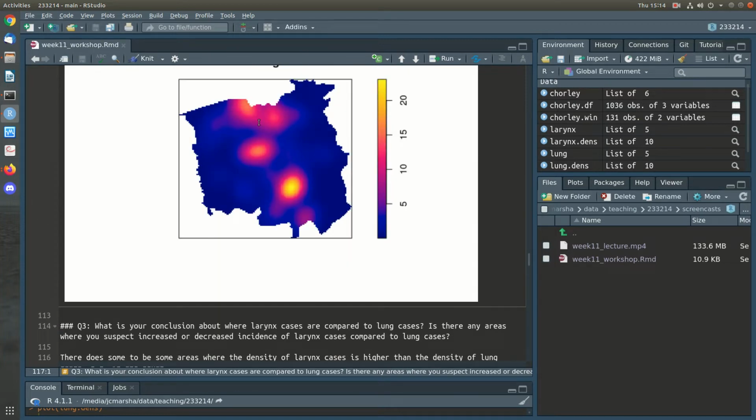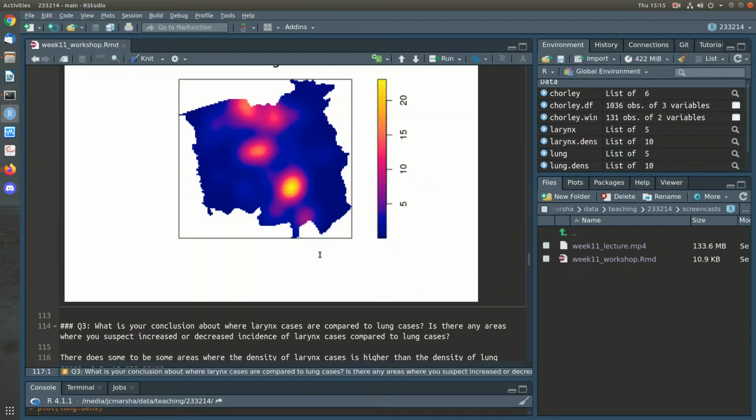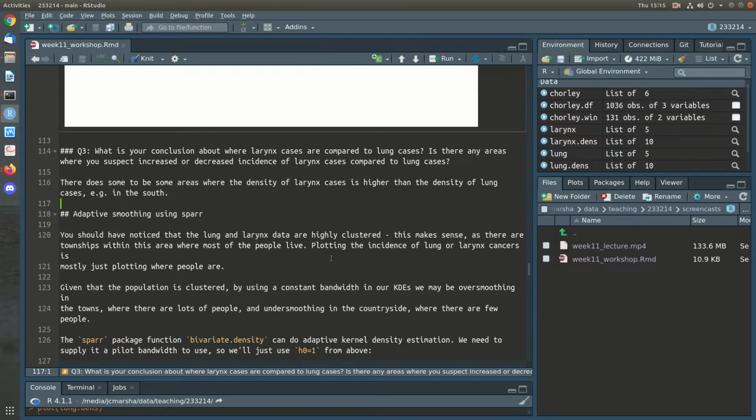Okay. Now these are using fixed bandwidth estimation, so we've got a common bandwidth across the area. But you notice that there's a few splotches here and there that are likely due to not very many points. So we've got a little bit of undersmoothing in the areas where there's no people, and so an adaptive estimator might be better.